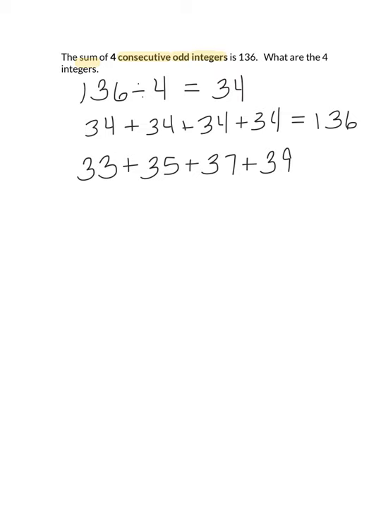I'm going to take my calculator and add these together, or I might just start looking at the ones place. 9 plus 7 is 16. 16 plus 5 is 21. And 21 plus 3 is 24. I had to think about that. So I got 24, which means this would have to end in a 4.